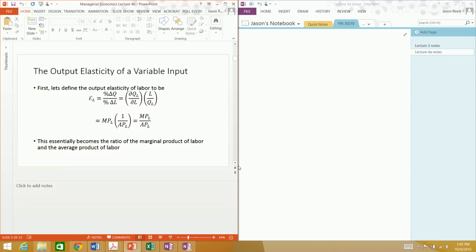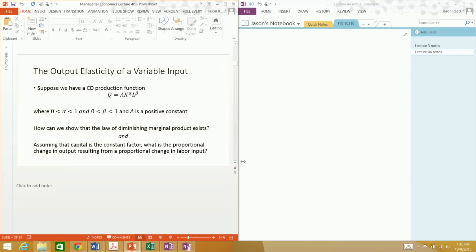So how can we use this in an example? We're going to take our Cobb-Douglas production function, and essentially we're going to look at how to take our first derivative, find our marginal product, and then look at the relationship to average product. So we have to make some assumptions first. That is that alpha and beta are going to be positive, and they're going to be between 0 and 1.